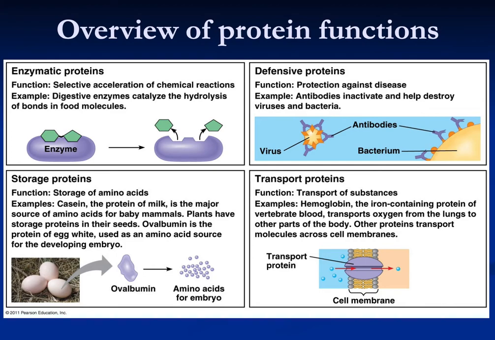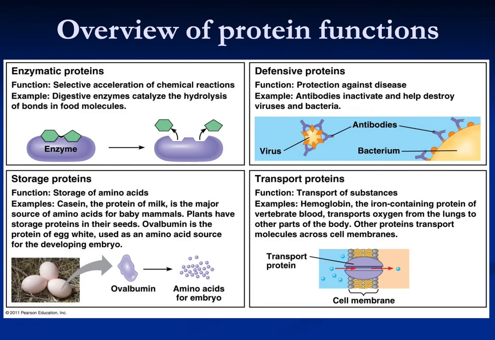It helps to break down food molecules and turn them into different things that the body needs. Storage proteins. Again, we mentioned casein in milk. It's a major source of amino acids for baby mammals. Plants have storage proteins in their seeds. Ovalbumin is another protein in egg white, and it's an amino acid source for a developing embryo.